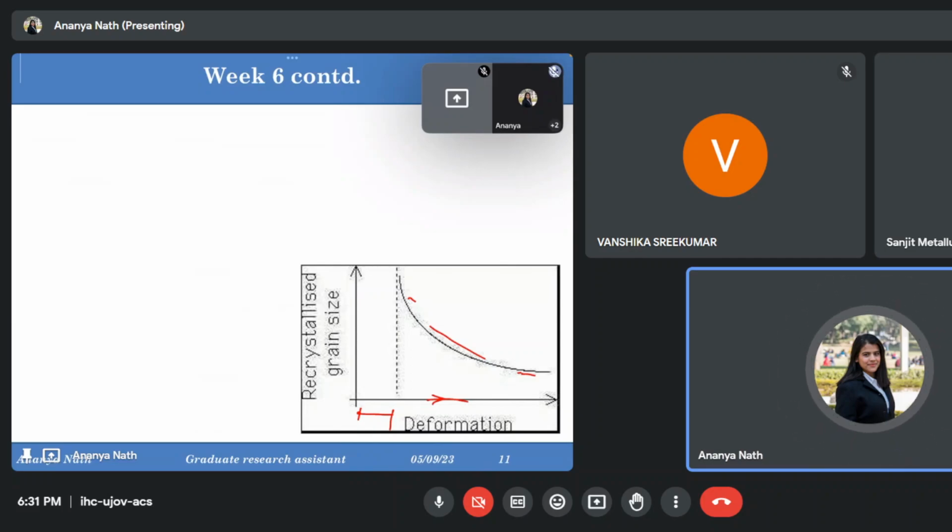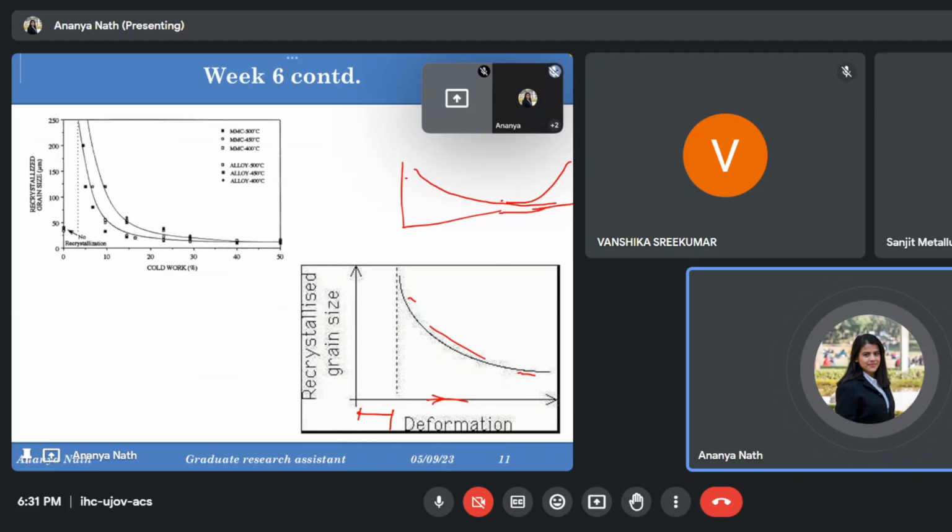Which is needed. But the curve doesn't look like this, it will not keep on decreasing only. After some time it will increase again. So this is why I was telling there is always a range in which you have to work, otherwise it will act abnormally.